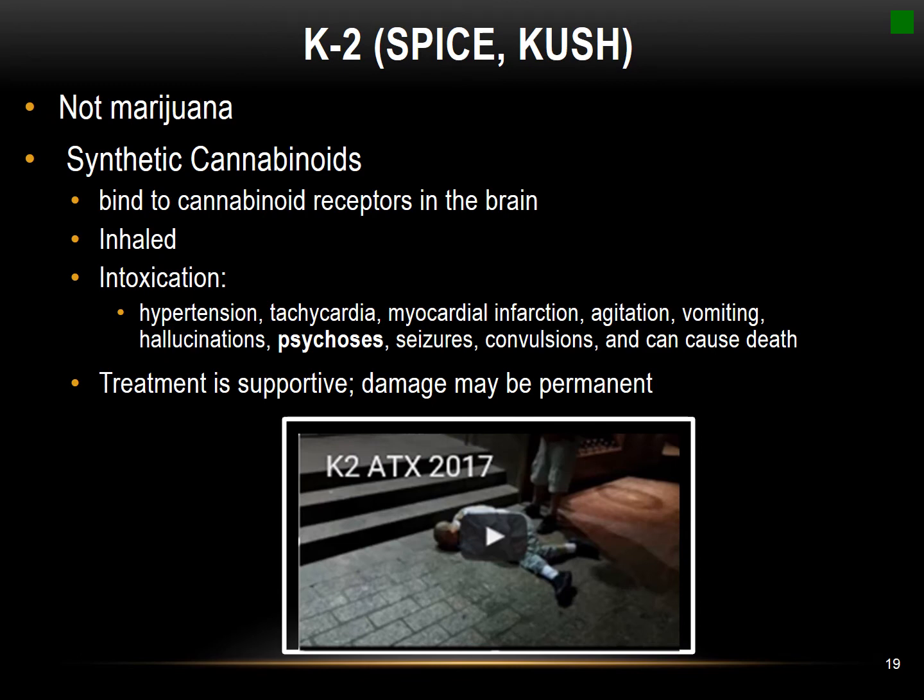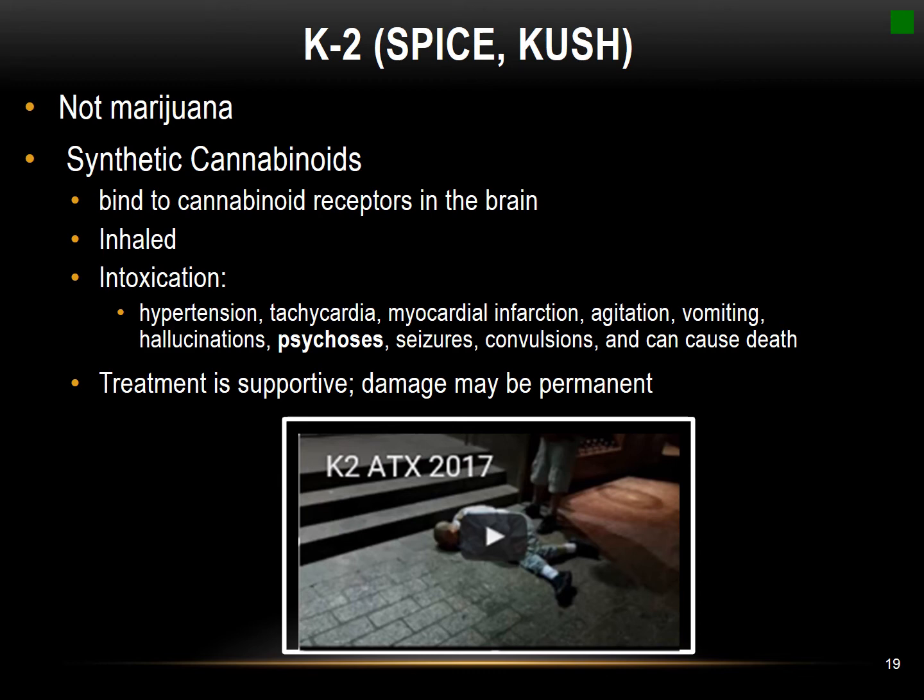This drug is not in your textbook, and I'm really disappointed because this is a huge problem. K2, which is also called spice or kush. And for those of you that are right now saying, no, kush is real marijuana: yes, there is a real marijuana that's called kush. It comes from India or something, but that's not what we're talking about here.